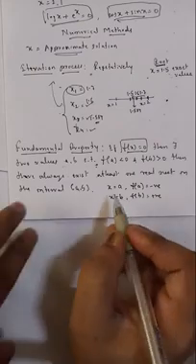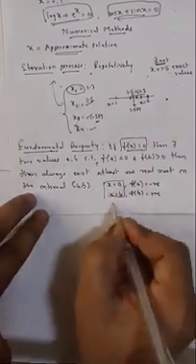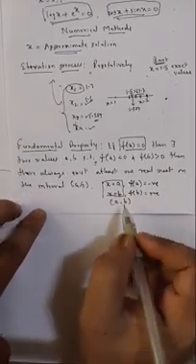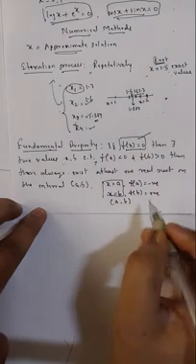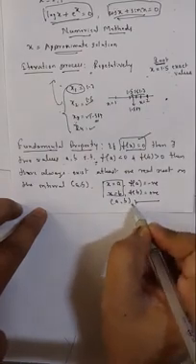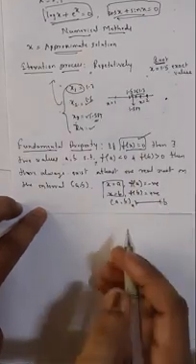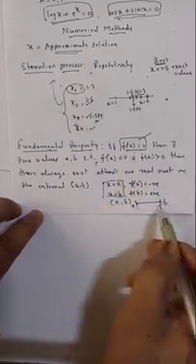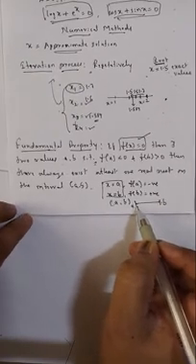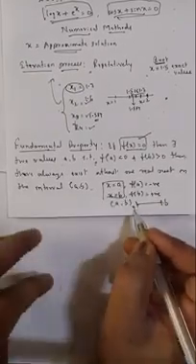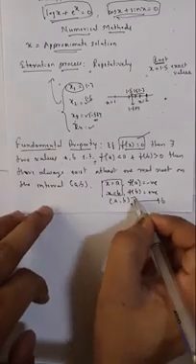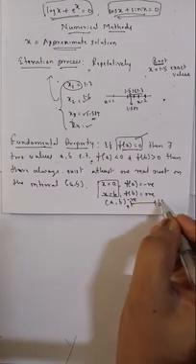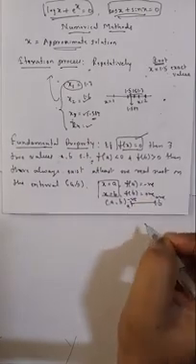Then we can say that the interval is a comma b. Then the root of this equation lies between a and b. This is the interval we first find, where at x equal to a, the value of the function is negative, and at x equal to b, the value of the function is positive.